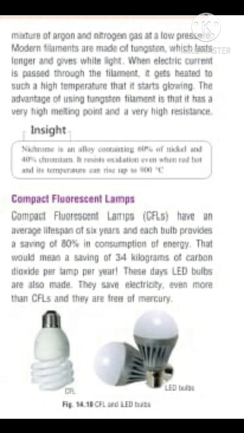These days, LED bulbs are also made. They save electricity even more than CFLs and they are free of mercury. Children, here you are seeing a picture of CFL and LED bulbs. I think you are using these in your homes to save power or to save electricity.